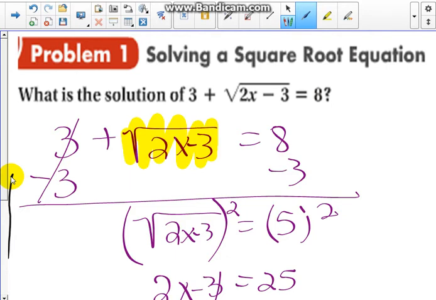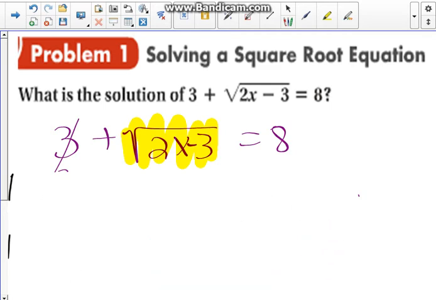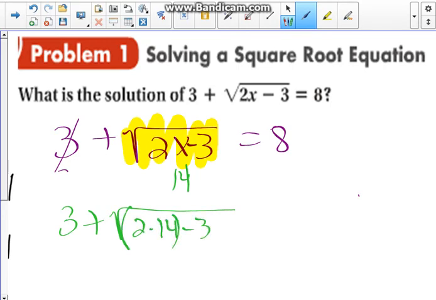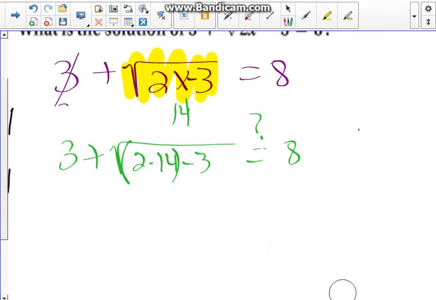So we'll just do it right here. And I'm going to plug in a 14 for x, right? So we're going to say, does 3 plus the radical of 2 times 14 minus 3 equal 8? Okay, so what we want to do next, 2 times 14 is 28. 28 minus 3 is 25.